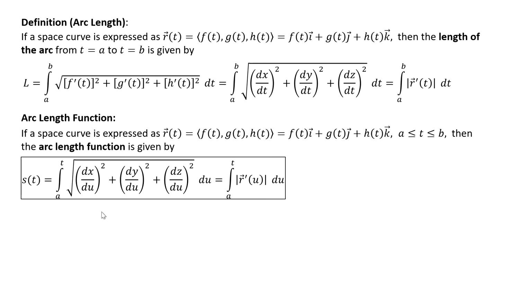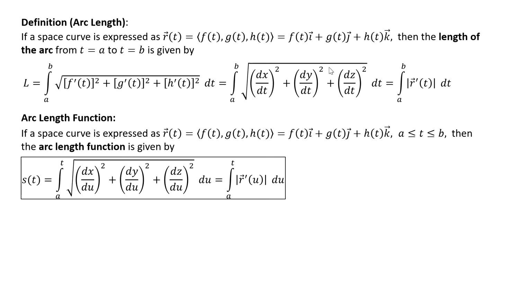Take a look at this. Isn't that the same as the previous one? No, it's not quite the same. This is actually a function. The previous one gave you a number. It gave you the exact arc length from t equals a to t equals b.